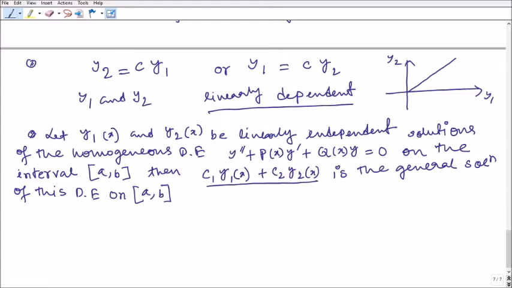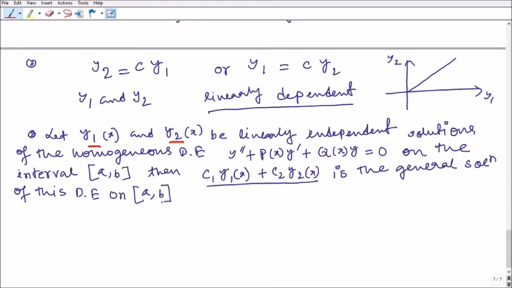So this is a theorem, that is, if y1 and y2 be linearly independent solutions of a homogeneous differential equation, which is y double dash plus p of x into y dash plus q of x into y equal to 0 on the interval ab, then c1 y1 of x plus c2 y2 of x is the general solution of this differential equation on that interval ab.